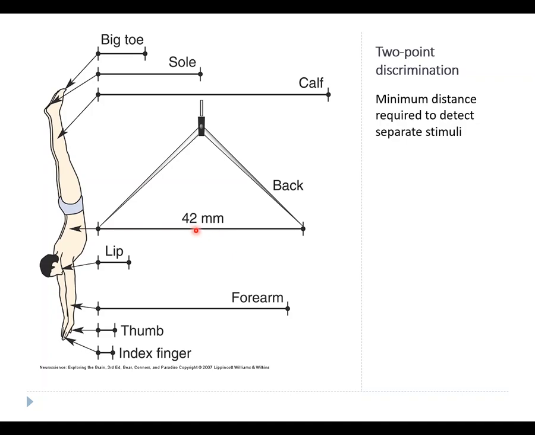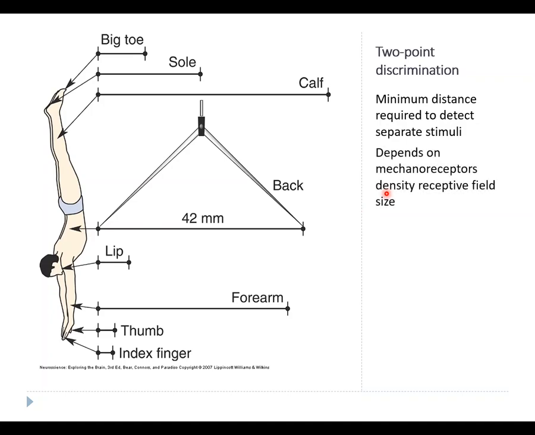Whereas if you look at places like the palms of the hands, the thumb, the index finger, the palmar surface of the fingers, the lips also, and to some extent the toes, they have much shorter 2-point discrimination distances. That means that the distance between these 2 points on the index finger, for example, is just a few millimeters apart in order for that part of the skin to discriminate.